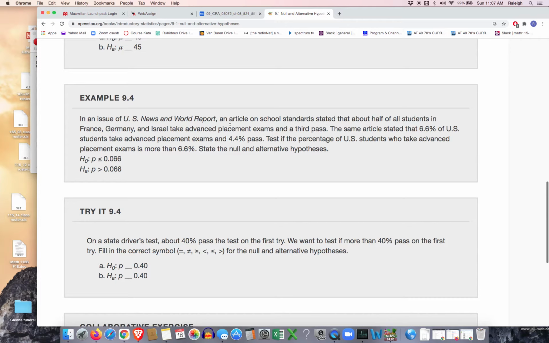Here's a particular magazine that had an article on school standards, and it said that about half of all students take advanced placement tests on a third pass. But the same article said that 6.6% of U.S. students take the exam. So the test is whether the percentage of U.S. students who take advanced placement exams is more than 6.6%.